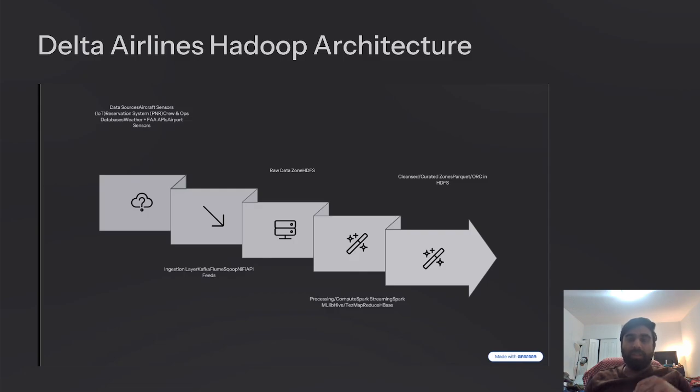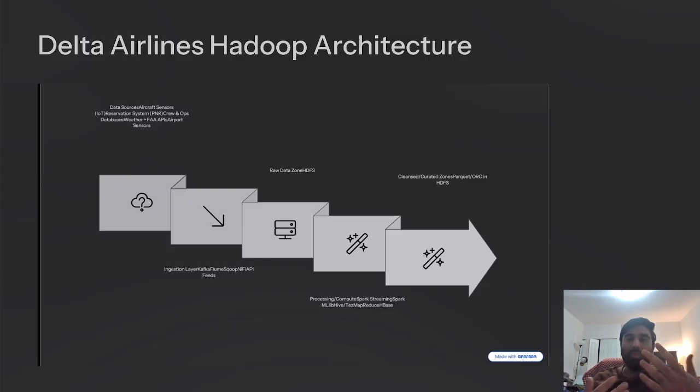Finally, API ingestion is used for external feeds, which are the real-time weather data, FAA air traffic restrictions, airport delays, and turbulence models. All of this raw data lands in the HDFS raw zone. This zone keeps the data exactly as it arrives without any transformation. It stores different formats like CSV, JSON, Avro, Parquet, IoT logs, binary sensor dumps, and unstructured maintenance notes.